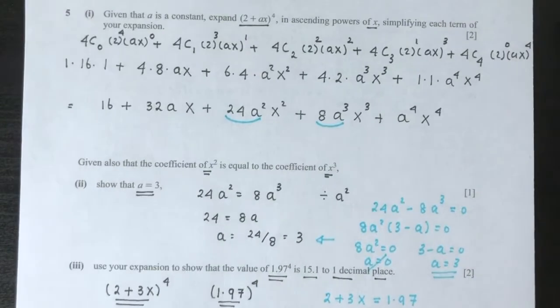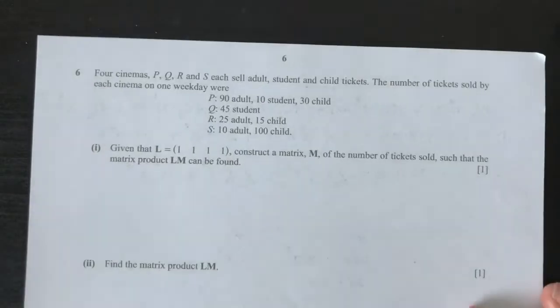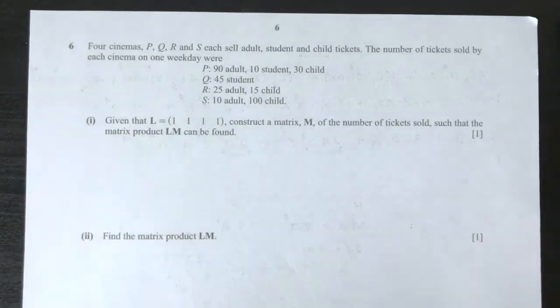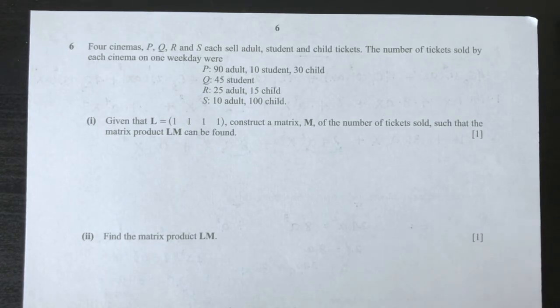That is your question number 5. Let's move on to question number 6. So here we have 4 cinemas, P, Q, R, and S. Each sells adult, student, and child tickets, 3 kinds of tickets.